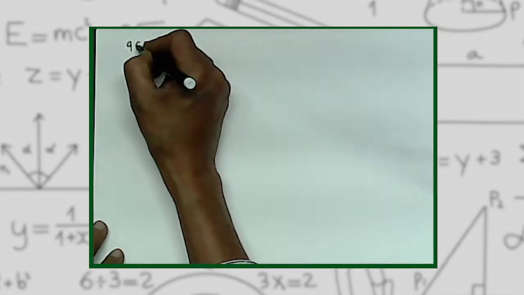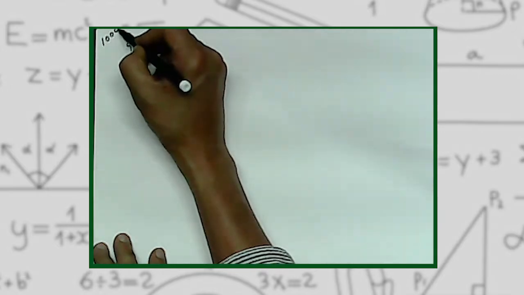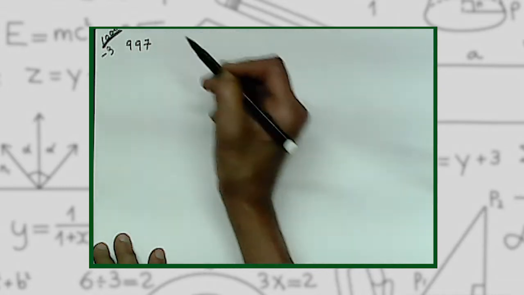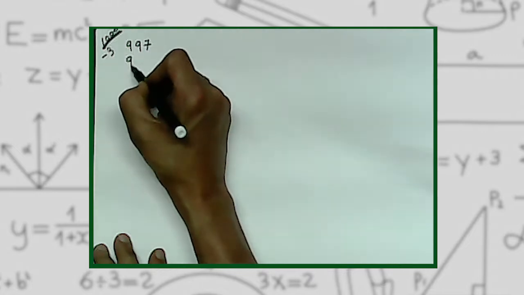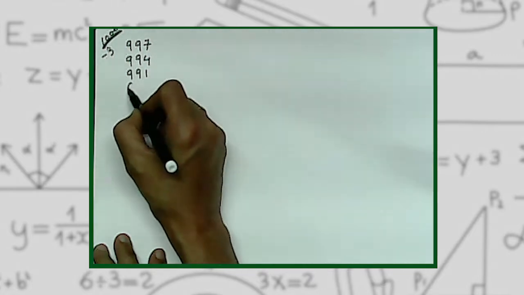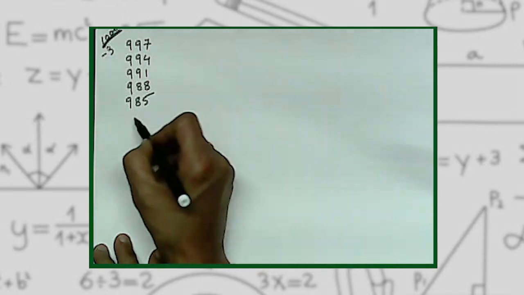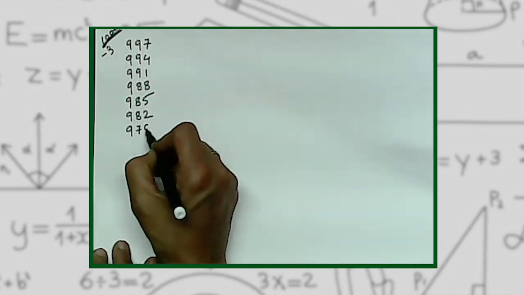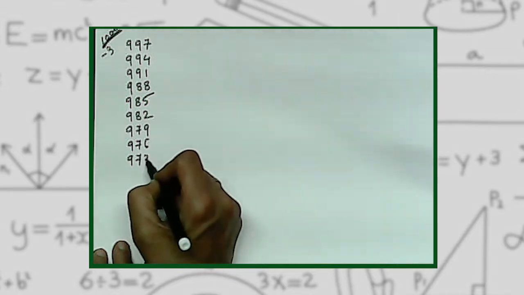Now table of 997. 997 is near to 1000 and difference between 1000 and 997 is minus 3. Go on subtracting 3 from 997. 997 minus 3, 994. Minus 3, 991. Minus 3, 988. Minus 3, 985. Minus 3, 982. 979. 976. 973.